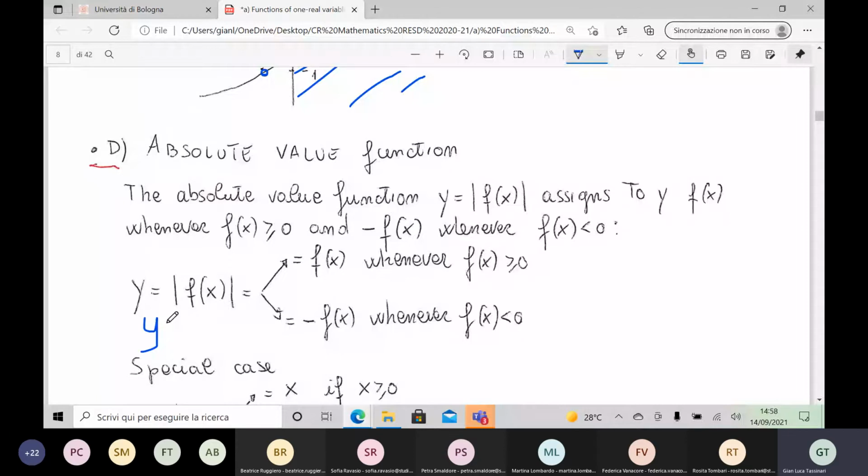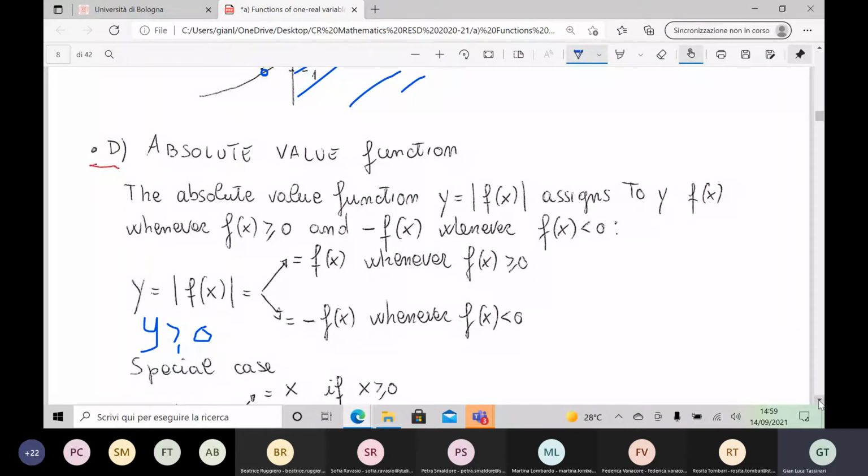What does this mean? This means that if you have an absolute value of a given function and you want to plot the graph, it will for sure always lie above the horizontal axis. There is a very special case of the absolute value. Typically the absolute value function is introduced by using this special case.